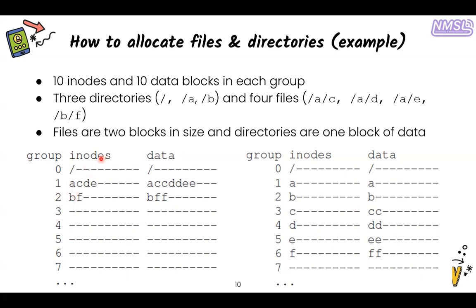But then for files, C, D, and E are in the same directory as A, so you put them in the same group. Same with F with B. So if you compare left versus right, when you have to go read, seek, and all that, obviously you know which one is more efficient and fast.